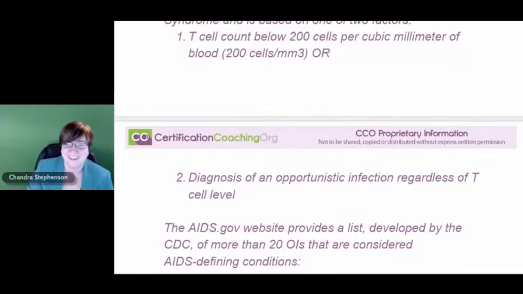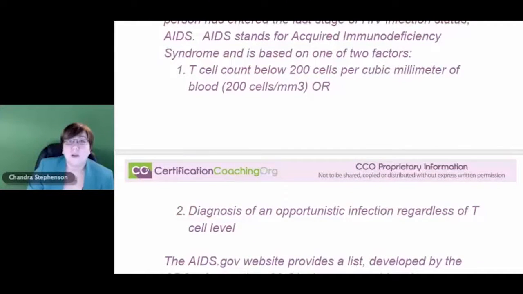Too fast, sorry. When we talk about AIDS, AIDS stands for Acquired Immunodeficiency Syndrome. This is a term that many of us have heard before and are familiar with. It occurs, like I said, when that HIV virus has replicated to the point that it has weakened that patient's immune system substantially.